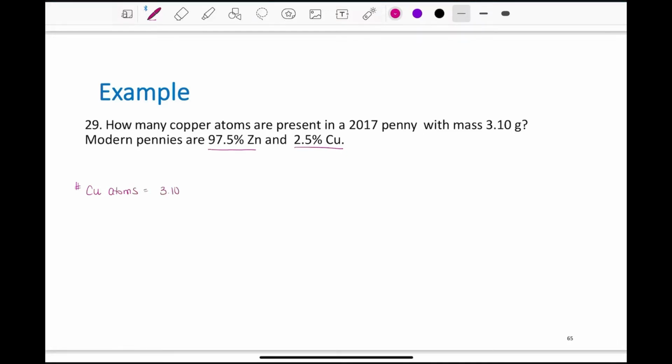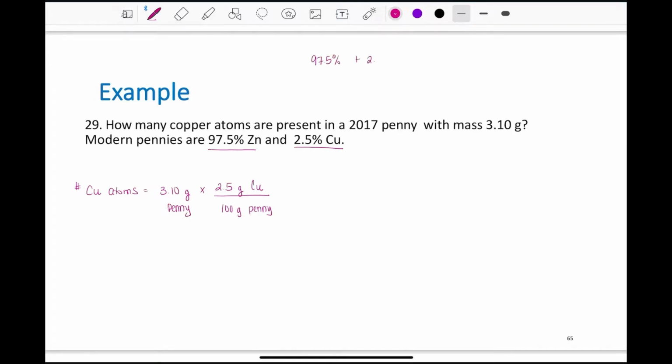I'm starting with a 3.10 gram sample of the penny. I know that if I have a 100-gram sample, 2.5 grams of that sample will be copper. So I'm going to use that as a conversion factor.